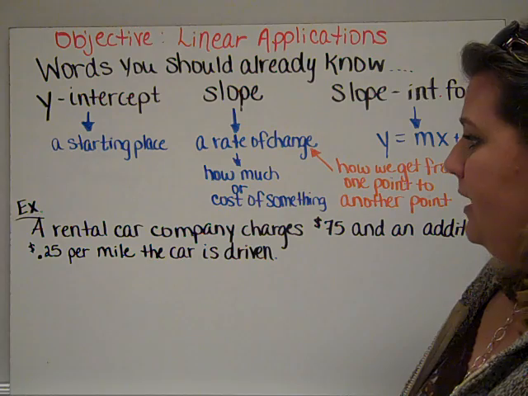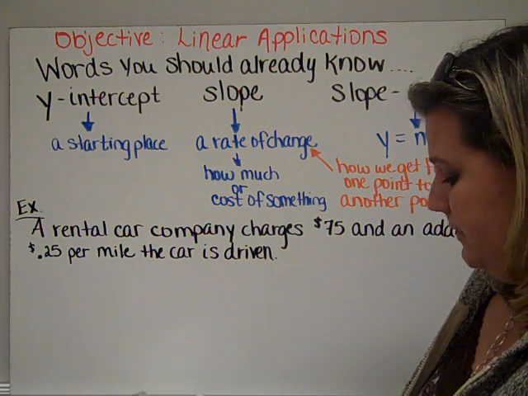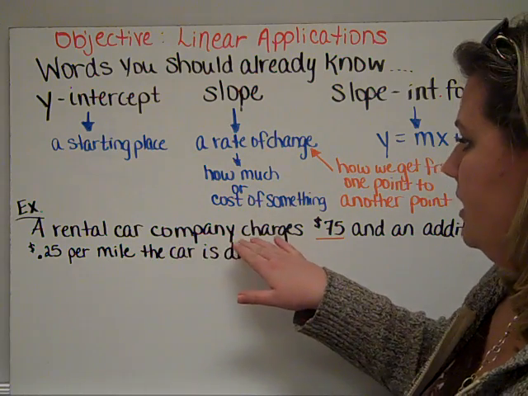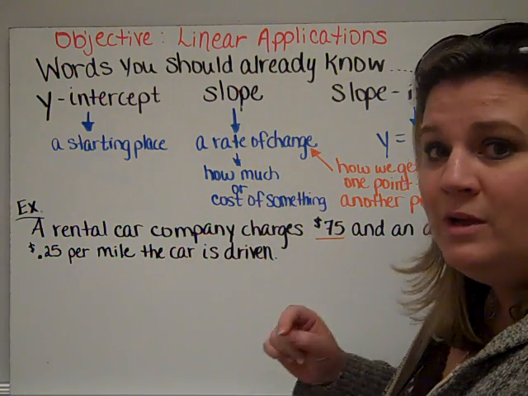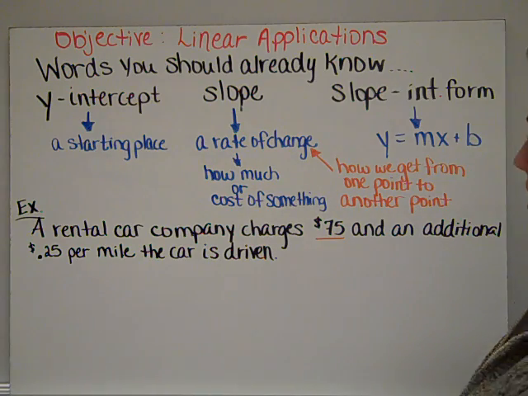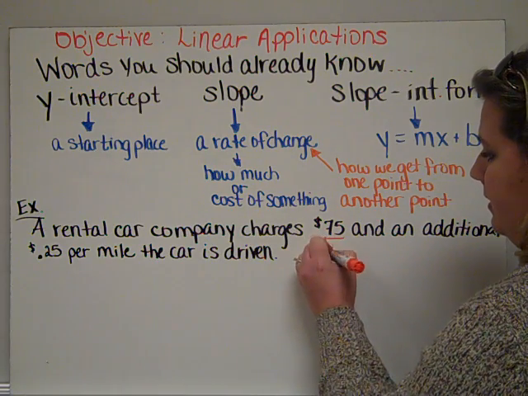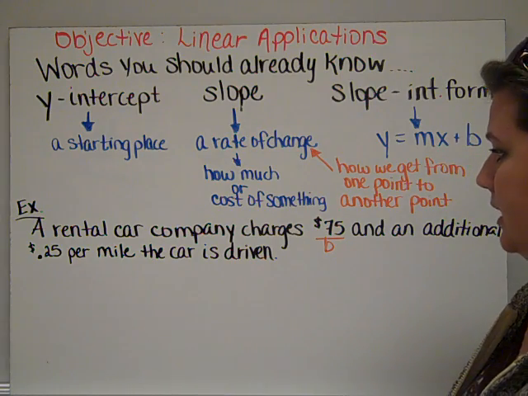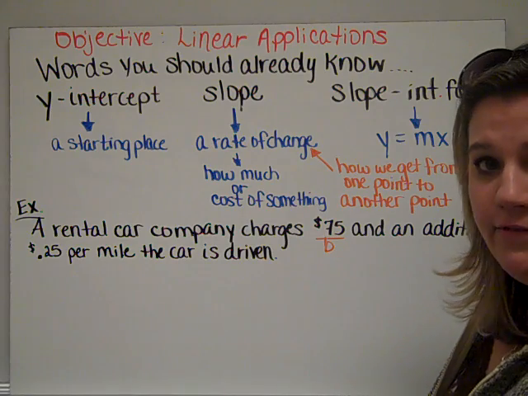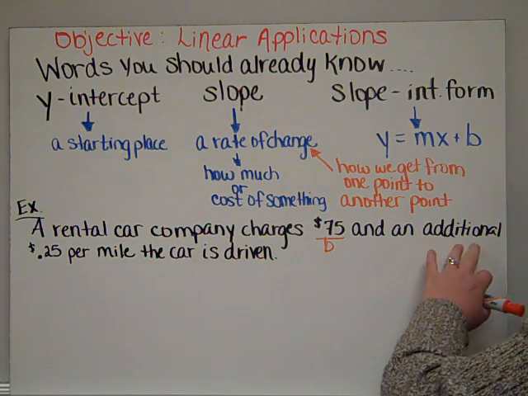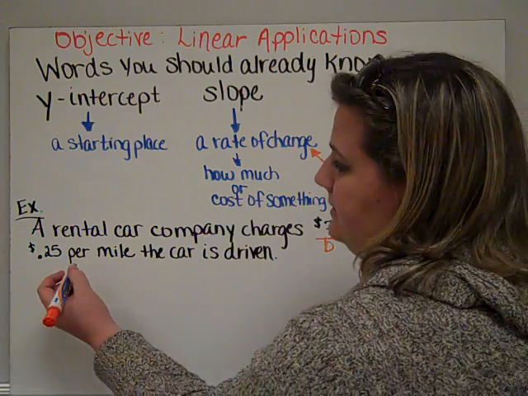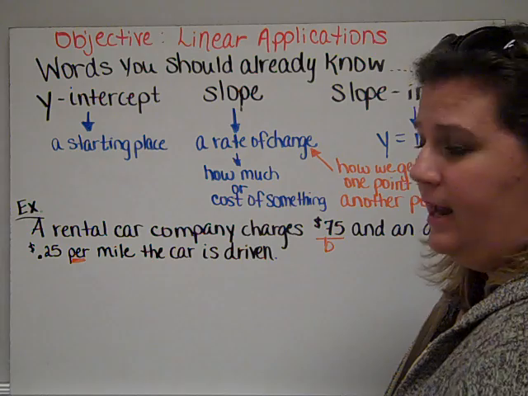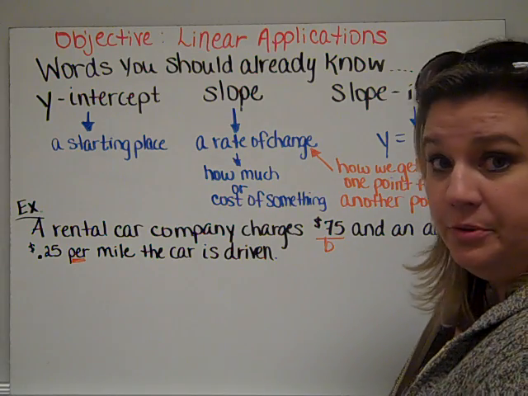We know that I see $75 here, and that tells me that that is what the rental car company is going to charge before I do anything, okay? So we know that that is definitely my y-intercept. That is my b. That is something that is the cost at the very beginning before I even drive off the lot. Then it says it has an additional 25 cents. There's that word per. So for every mile that I drive, it costs me a quarter.